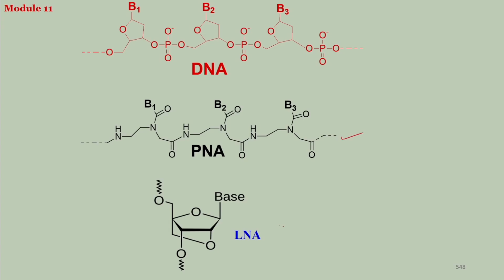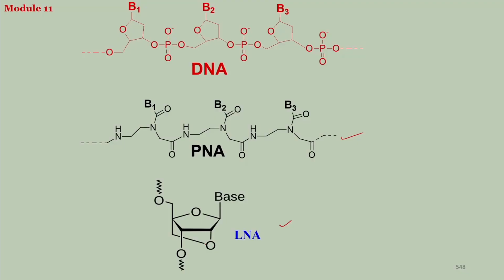For example, both PNA and LNA, especially the PNA, because it has a peptide backbone, can invade into the cells very easily. It is not destroyed by the metabolic systems, mostly the nucleases. This is nuclease stable, this is also to some extent nuclease stable. DNA is very unstable to nucleases.